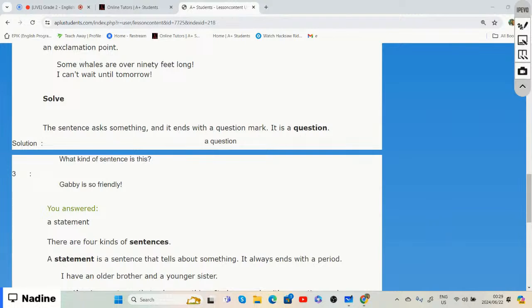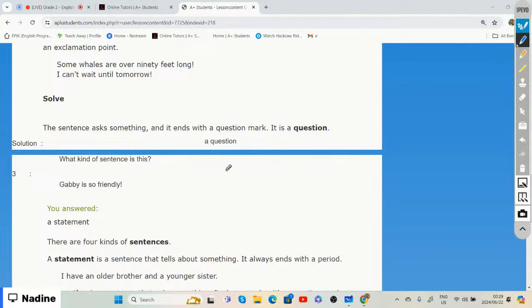All right, and if we were to say what type of sentence it is, then we say this is an exclamation sentence. That is an exclamation sentence because it says Gabby is so friendly, like no.